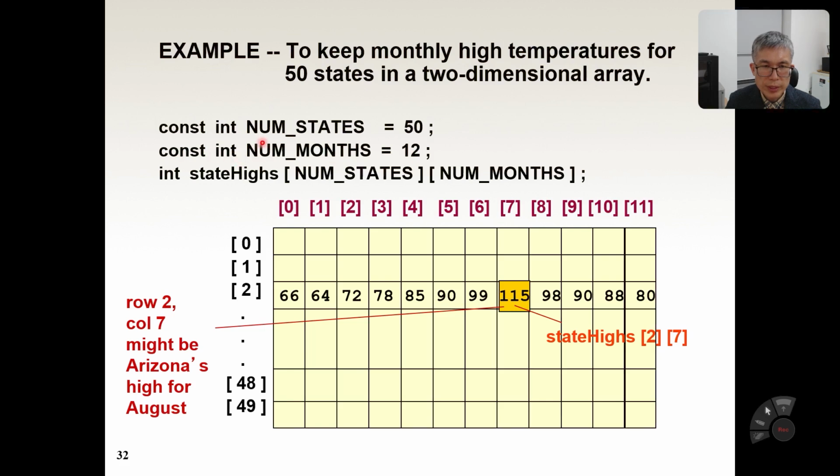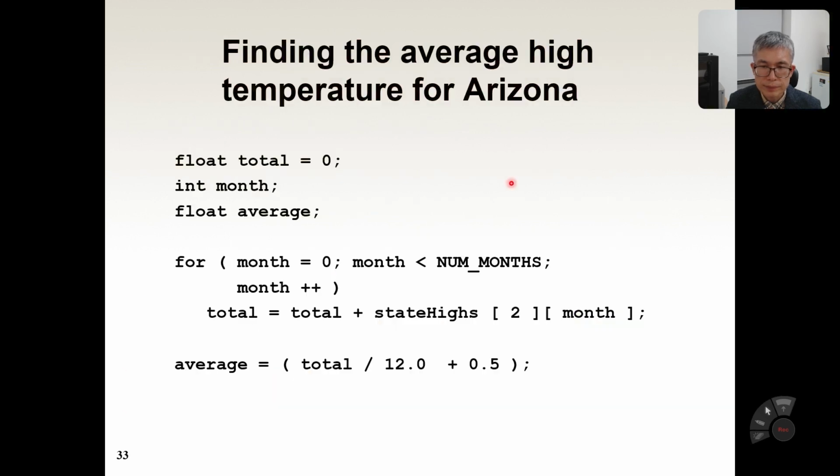In that case, we cannot change the value of num states or num months, because they are declared as constant integers. And then we declare a two-dimensional array, state high. The first index is the index for the state. The second index is the index for months.